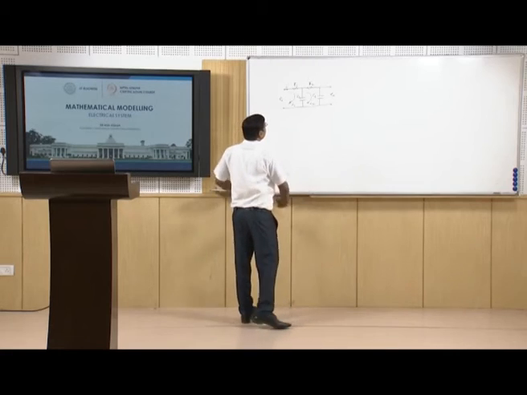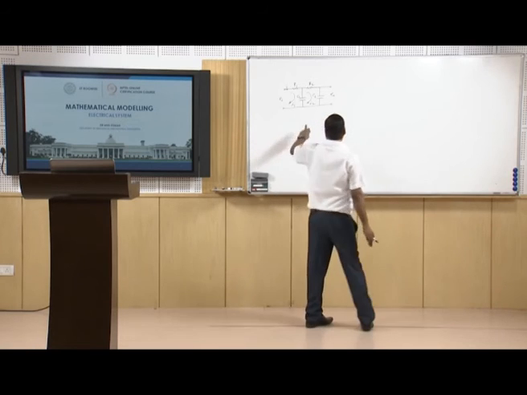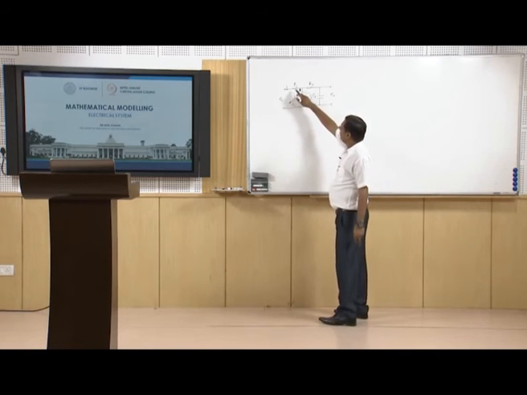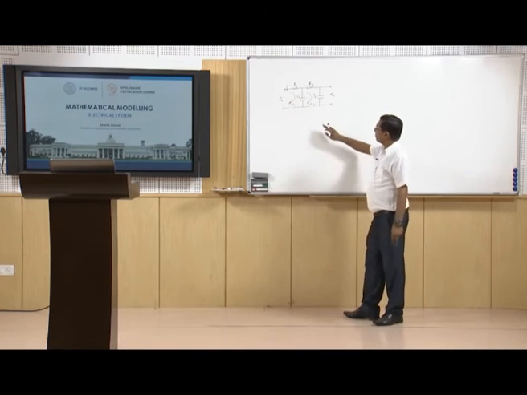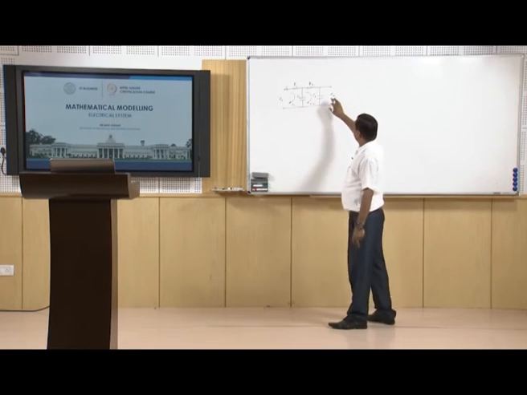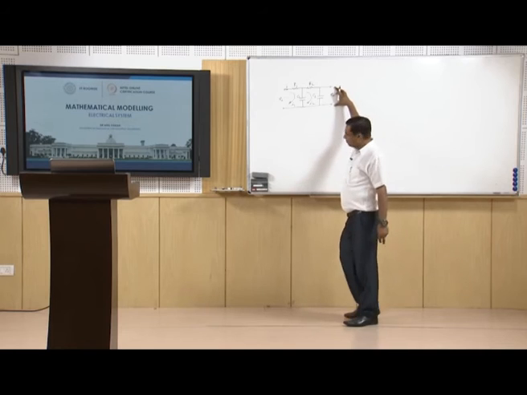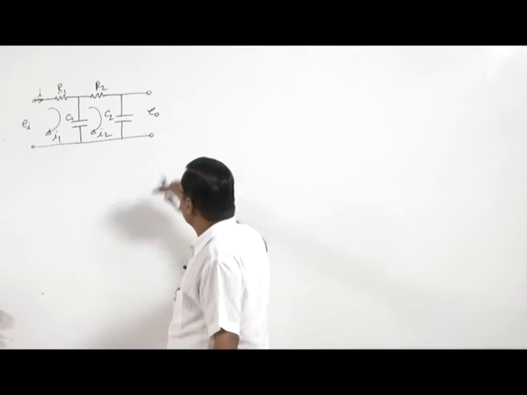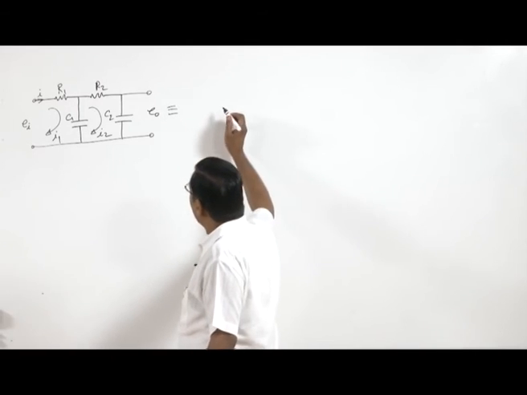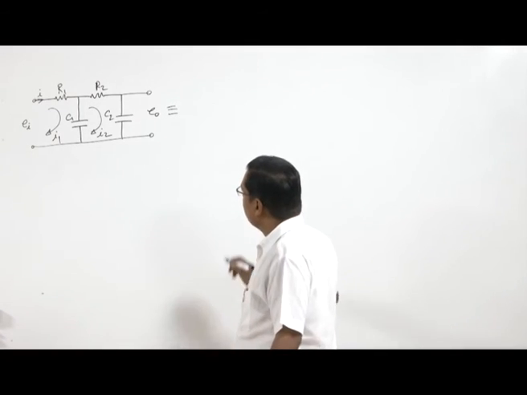Okay, so here we have R1 and R2, two resistors and two capacitors. There are two loops here and we are reading the output across this second capacitor. Now, let us represent it in the impedance form.